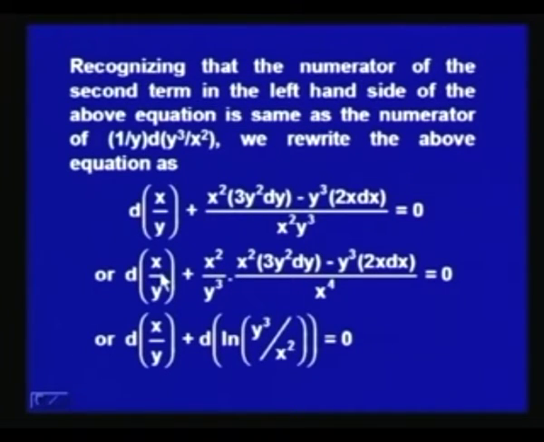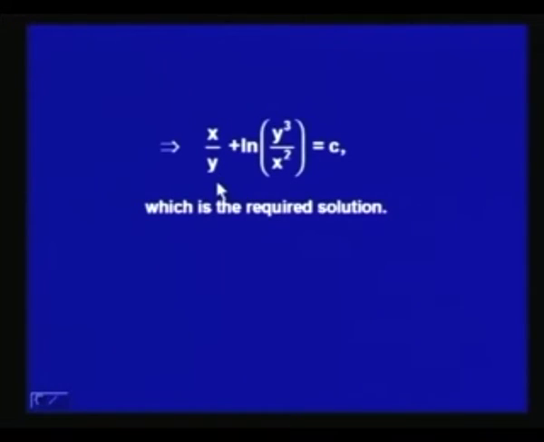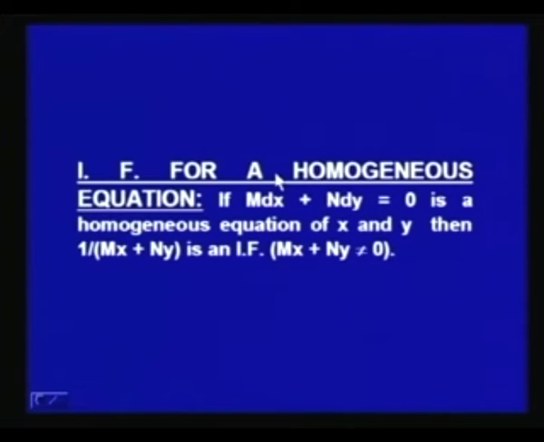We shall have d of x over y plus x square over y cube into (x square into 3y square dy minus y cube into 2x dx) over x to the power 4 equal to 0, which will give us differential of x over y plus differential of log of y cube over x square equal to 0. And so we can now obtain the solution of the given differential equation easily as x over y plus log of y cube over x square equal to c, which is the required solution.